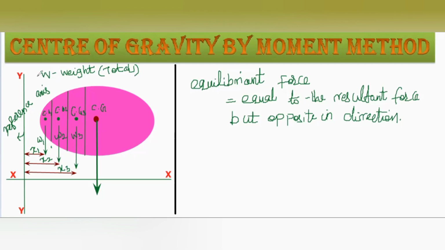The total weight W will be the resultant force of the small weights. If you consider the equilibrium force, then it acts in the opposite direction.